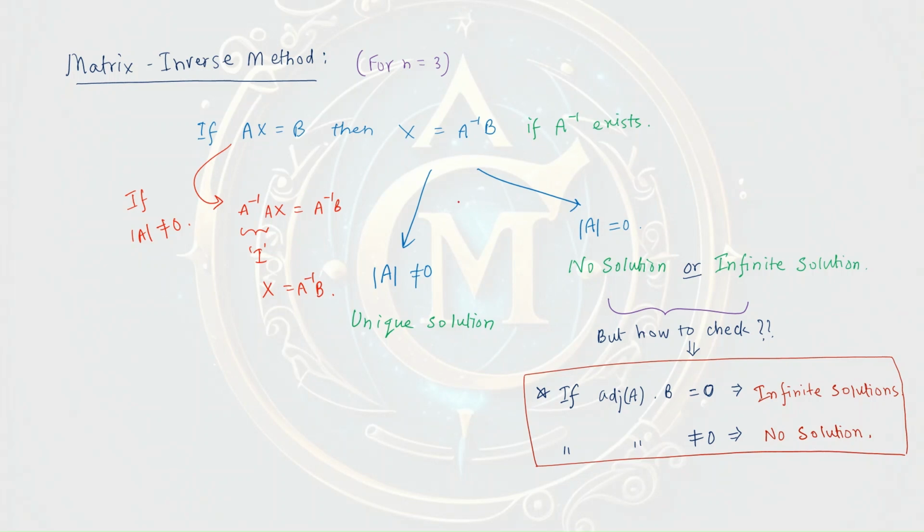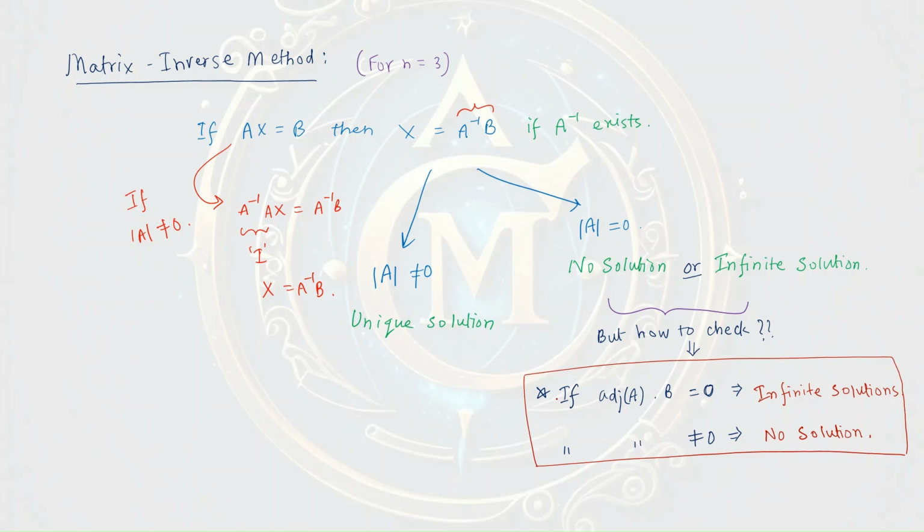So this you can write like this, and then we take the cases determinant of A is non-zero and determinant of A is 0. If determinant of A is non-zero, then there is a unique solution. Then you have to simply multiply these two matrices, and by the equality of matrices you can determine the values of the variables. And when determinant of A is 0, that means A is not invertible. There are two possibilities: no solutions or infinitely many solutions. Then how to check?